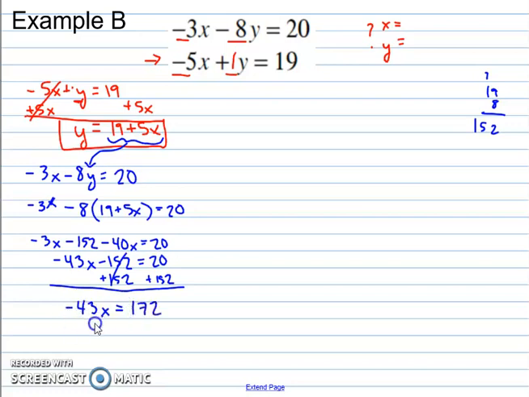Right, and then it's just, okay, well, how many of these go into here? Because now I'm going to divide to isolate x, to get 1x. So that goes to 1, and x equals, and if you're not sure, just off to the side, 172 divided by 43.